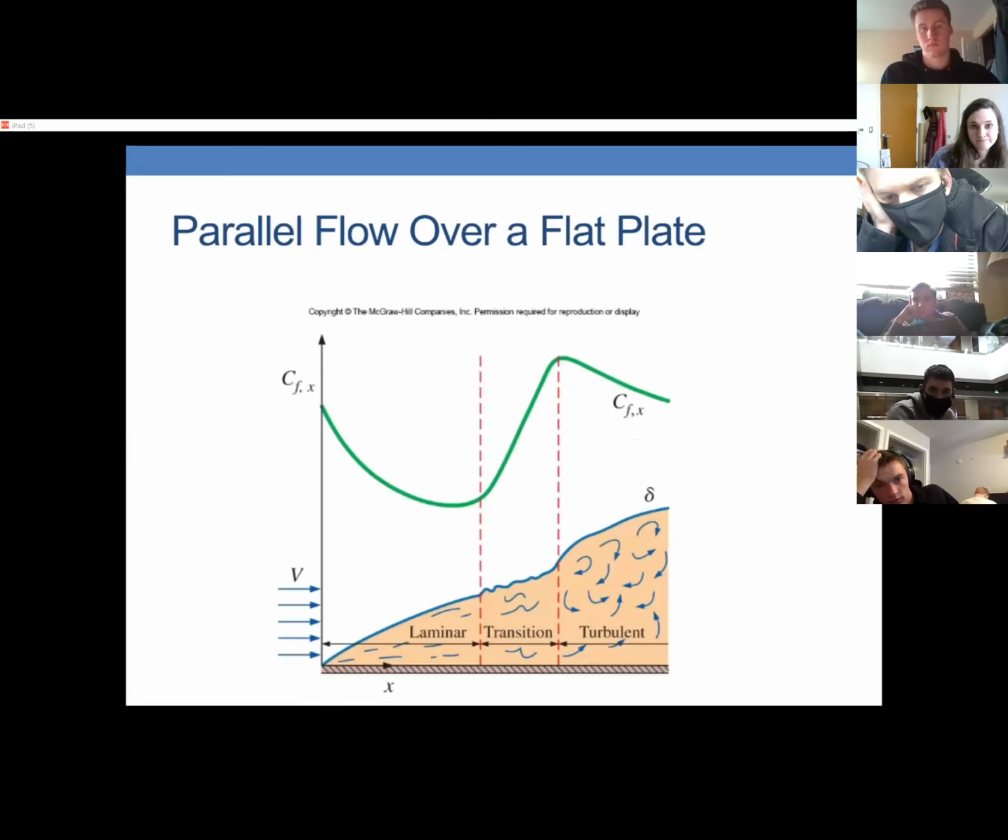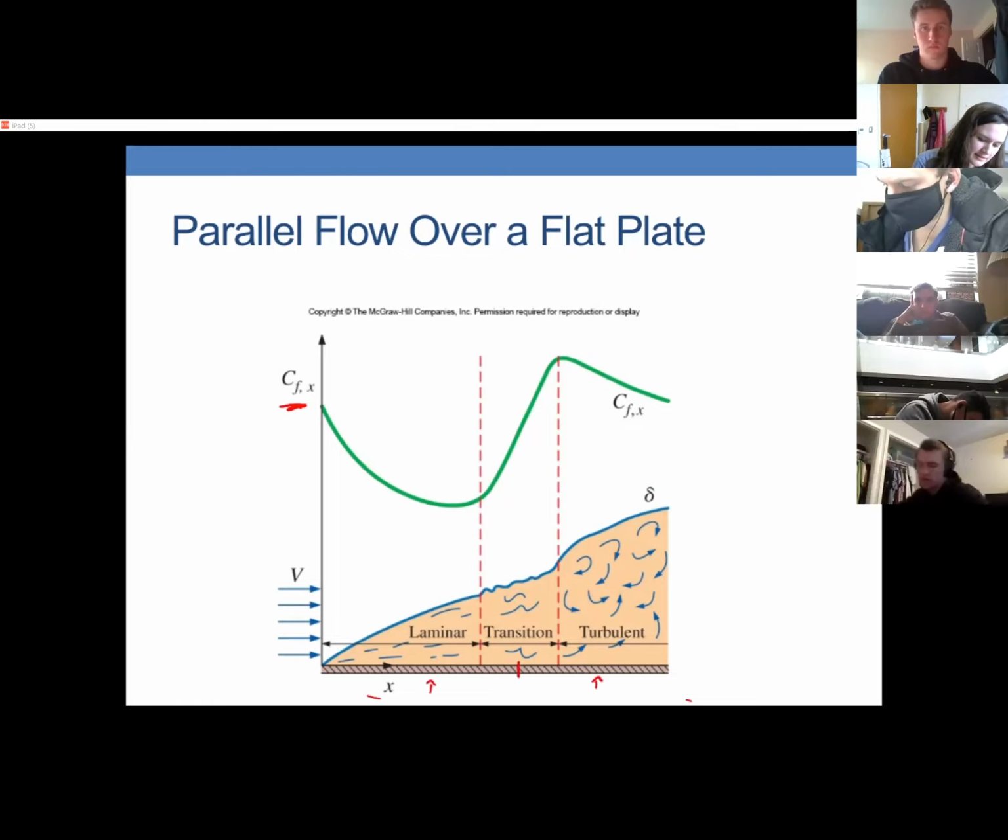Okay, like this. The friction coefficient as a function of x. So as you go farther along the plate, it changes. And that's just going to be the instantaneous friction coefficient at any point. But that is not that useful to us because we want the force over the whole thing, which we could get by integrating over the whole thing.